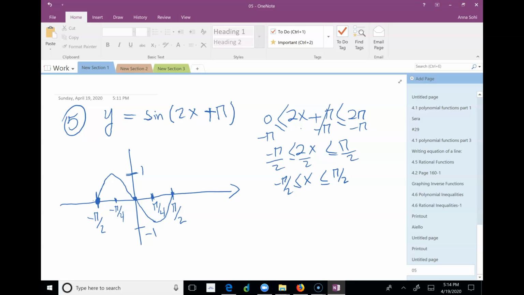They ask for over 2 period. If you need more period, you can add more points until you get to where you want. If you look at here, every increment has a length of pi/4. So you can keep adding pi/4s to get to the next period. And then if you think about here, period is 2 pi/2, so it's pi.